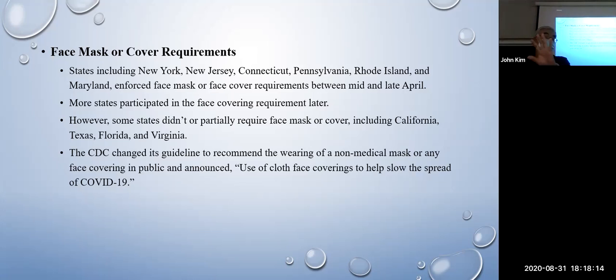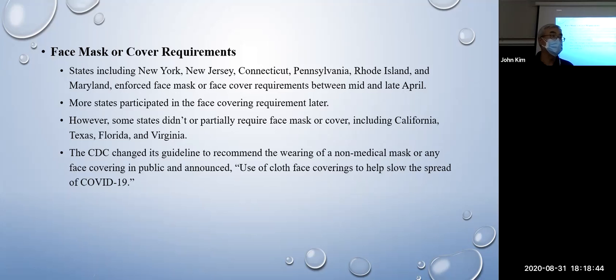And then I mentioned earlier briefly, New York, New Jersey, and other northeast states required face masks between mid and late April, and then more states followed. But California, Texas, Florida, and Virginia didn't follow.